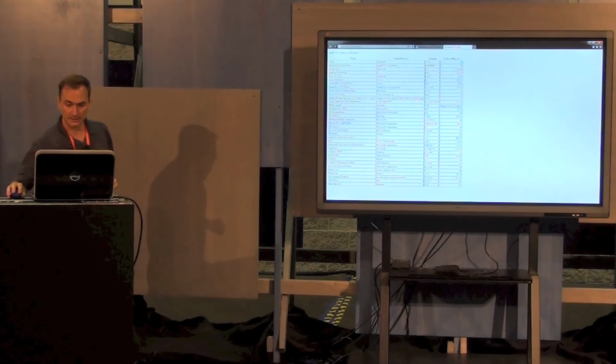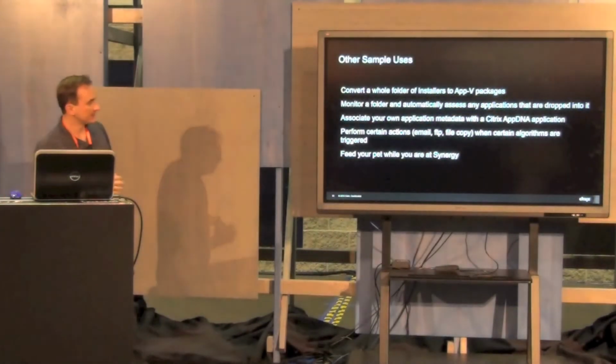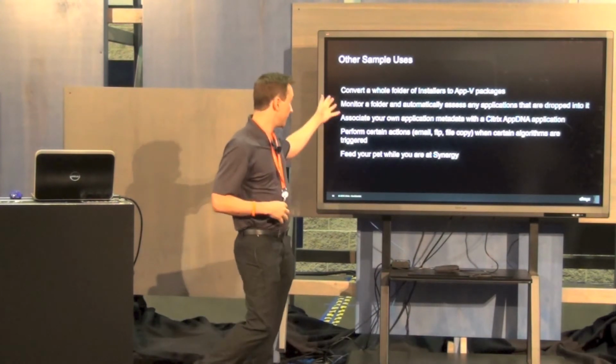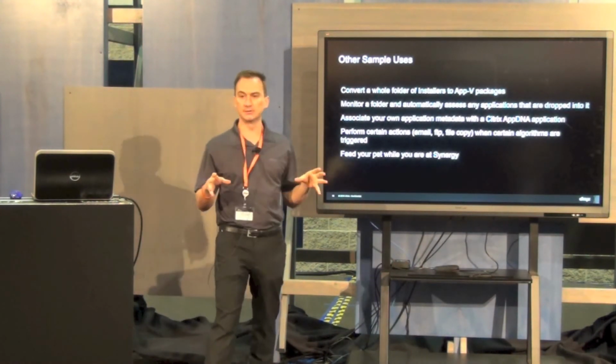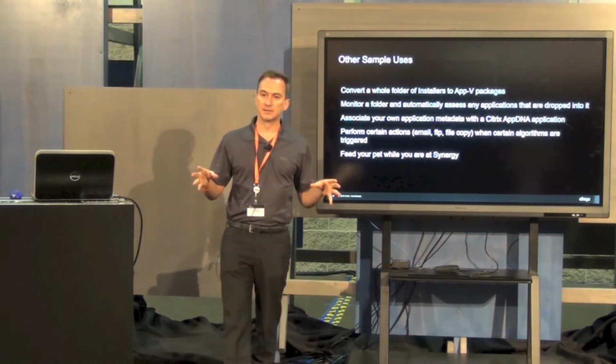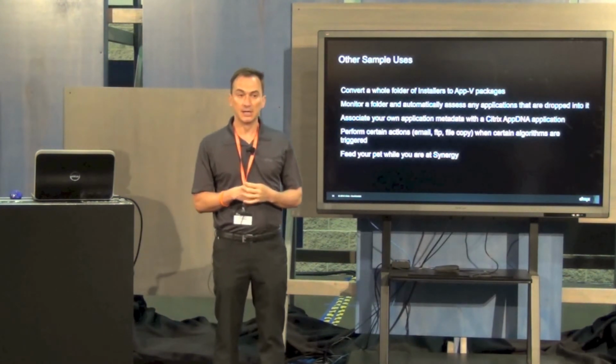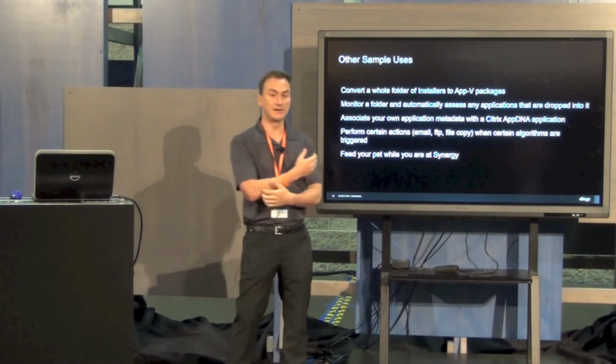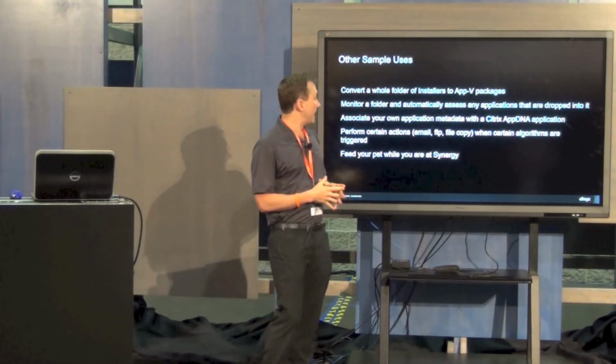So let's switch back to the demo. There are a few other sample use cases. You can convert a whole folder of installers to AppV packages. This is part of the AppDNA technology. It's some of the automation it offers today.